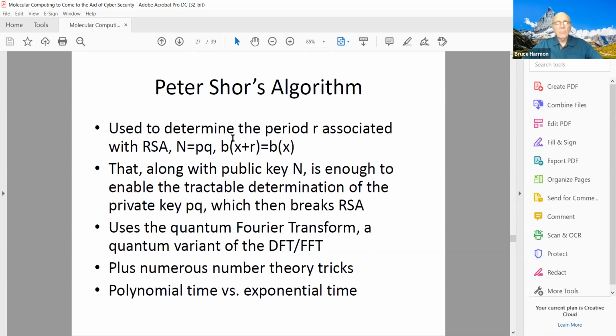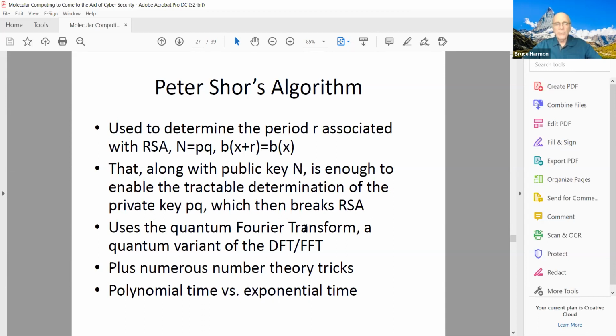But what Shor understood was that there was a periodicity to this, and that if we in the quantum arena could determine what that period is in the message, then we can use some fancy tricks to break RSA in quadratic time rather than exponential time.